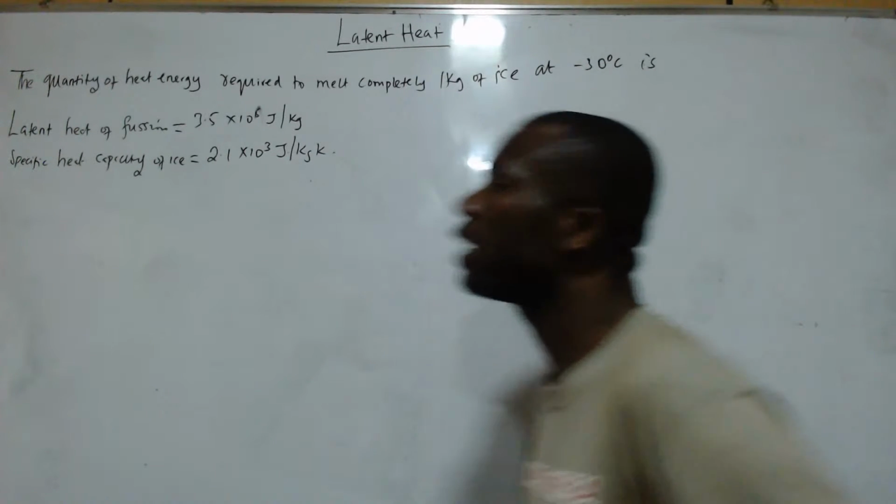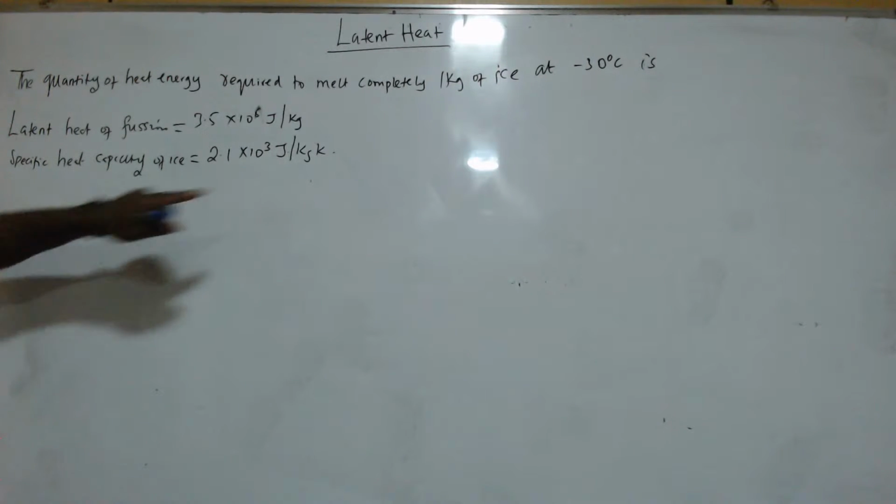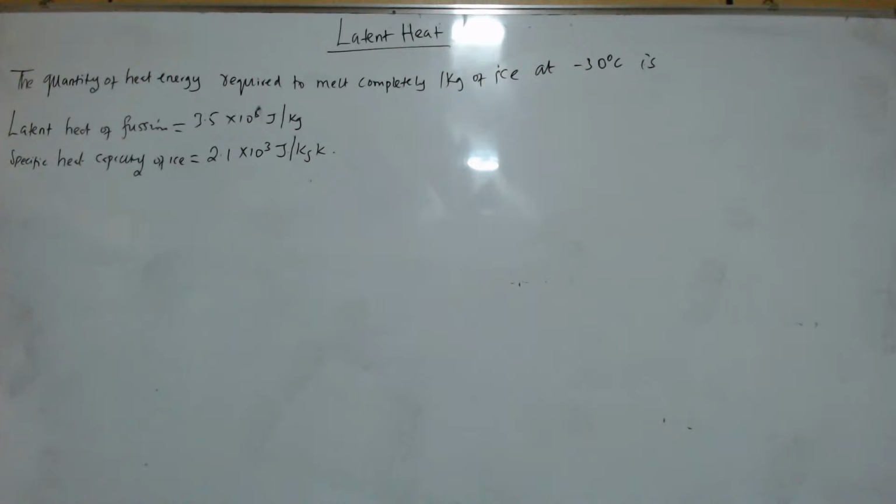So we will draw the network diagram. We have an ice at this temperature. What quantity of heat will melt it completely? Melt it completely, so it has to change to water.